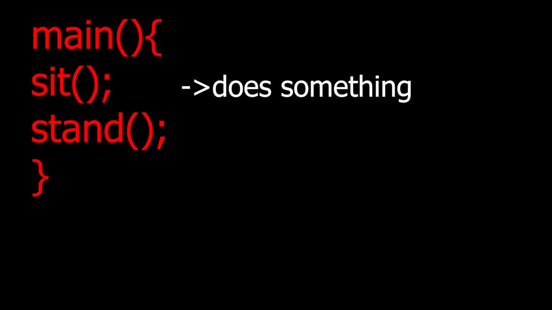But if you want to tell a computer what it should do when I say sit and what it should do when I say stand, you write it outside of the main function. Now the computer knows what to do for sit and for stand, but it won't do it because we haven't written anything in the main function. It is a very simple concept, but if you start from this idea of clarity, it's better to move on to the coding next.